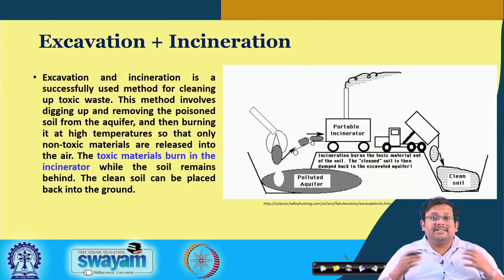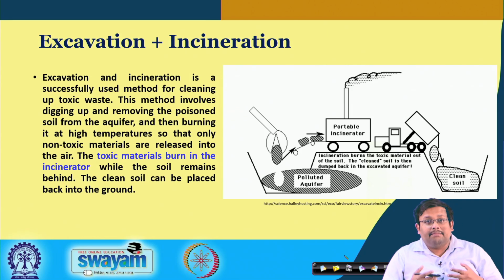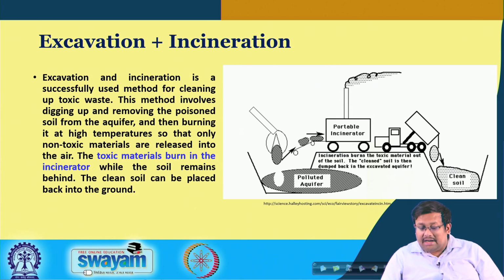This method involves digging up and removing the poisoned soil from the aquifer and then burning it at high temperature, so that only non-toxic materials are released into the air. The toxic material burns in the incinerator while the soil remains behind, and then the clean soil can be placed back into the ground. So, this is the total process, and this picture shows this process.